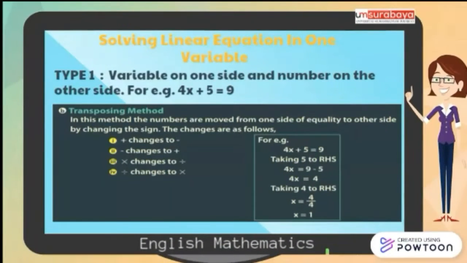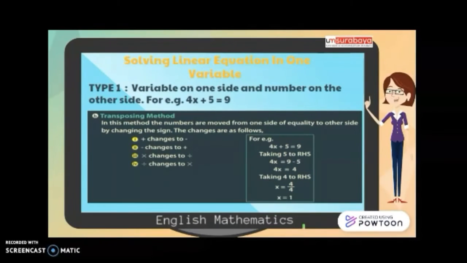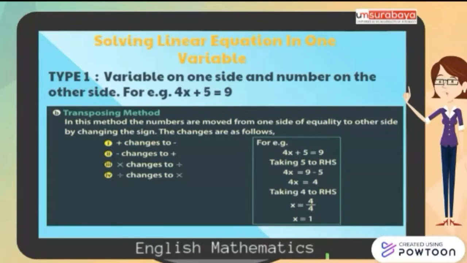B. Transposing method. In this method, the numbers are moved from one side of equality to the other side by changing the sign. The changes are as follows: plus changes to minus, minus changes to plus, times changes to divided by, and divided by changes to times.